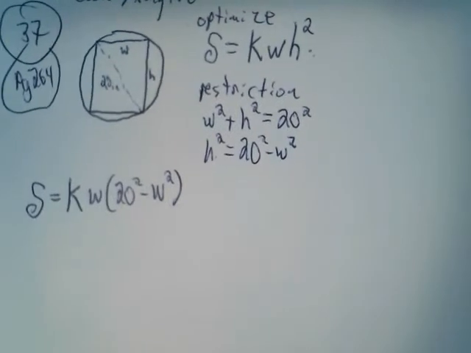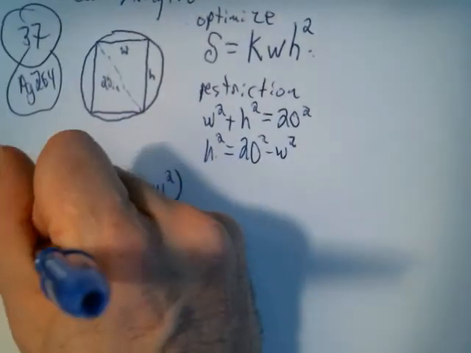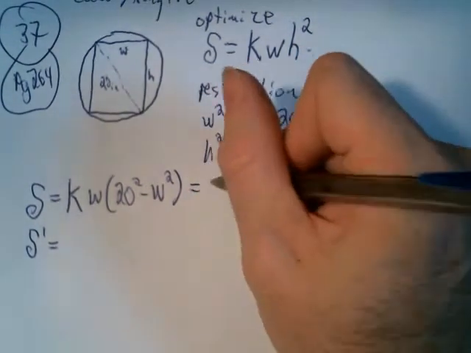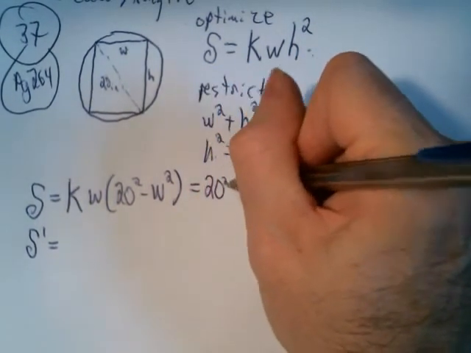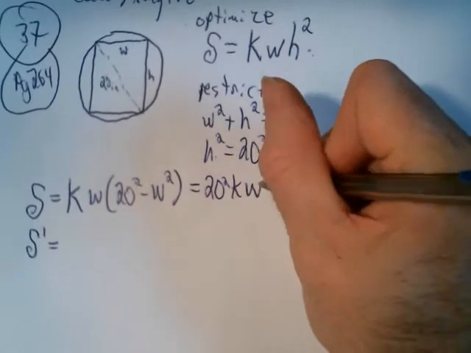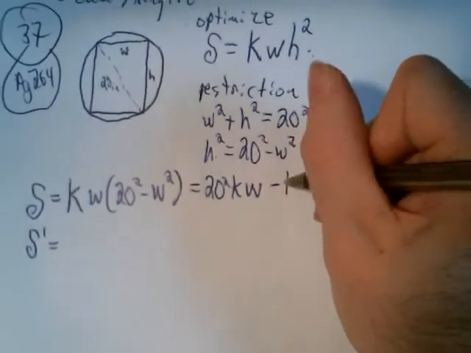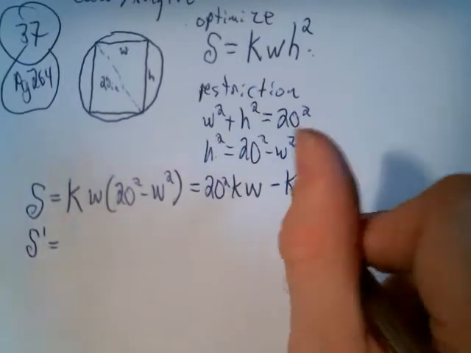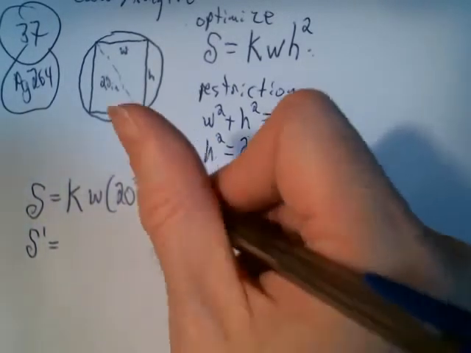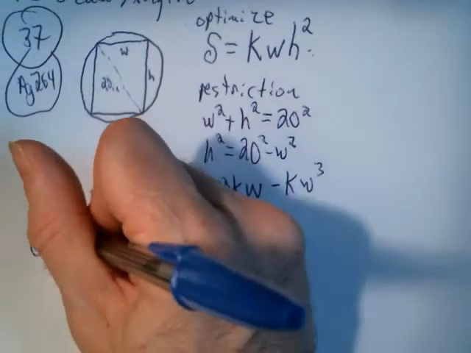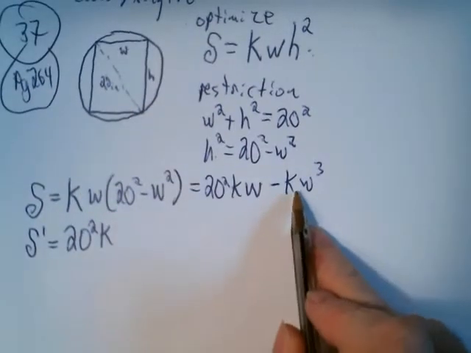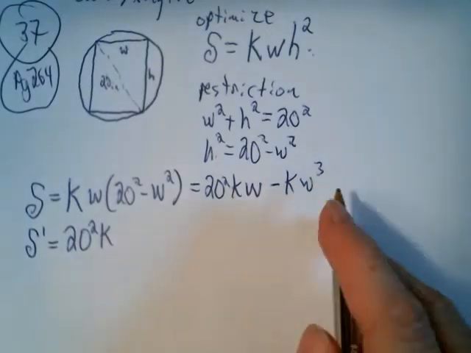Okay. So I want to take the derivative of this. So S prime is equal to, and it might be helpful to say this is 20 squared K W minus K W cubed. Okay, so the derivative of this with respect to W then is 20 squared K and then minus 3KW squared, just using the power rule.